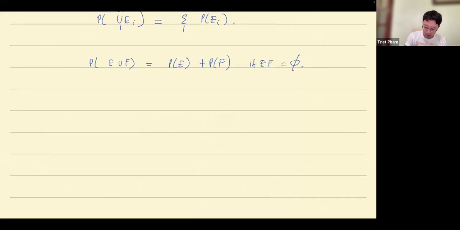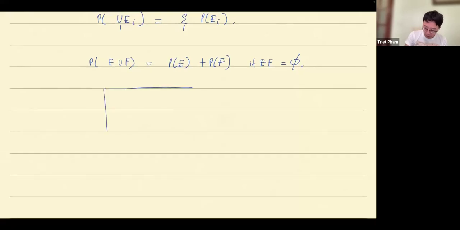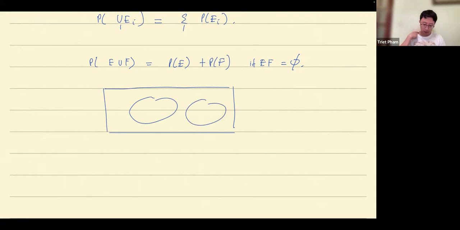And by the way, having said that, a lot of times to gain intuition on probability, the Venn diagram is very useful, at least at the basic level. Here this can represent events. Probability can be imagined or visualized as the size of the circle, how big or how small they are.